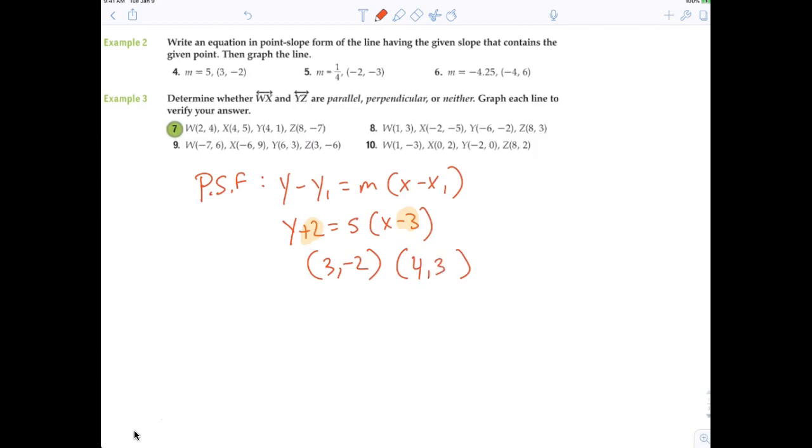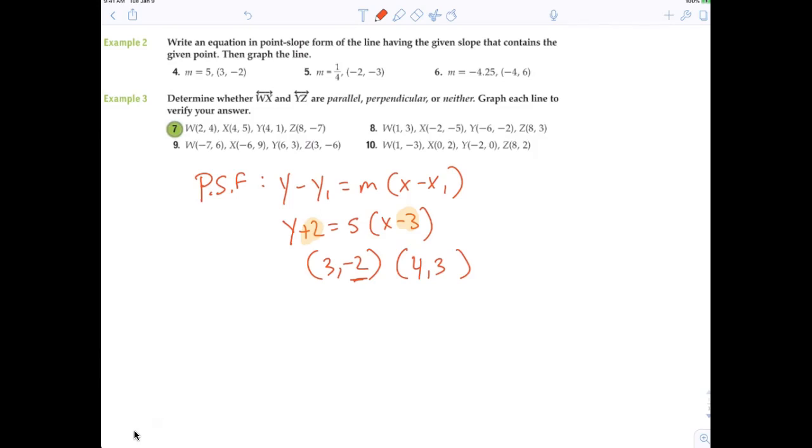Why is that? Because I went up 5, right? If I go up 5, what is that affecting? The y. So I add 5 to whatever y was. What was y? -2 plus 5 is, and then to the right 1 affects the x. So you add 1 to the x.